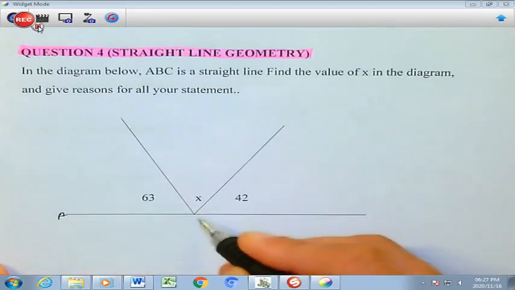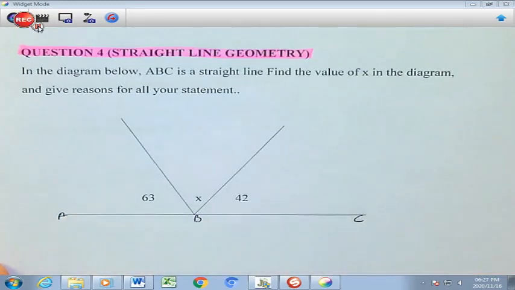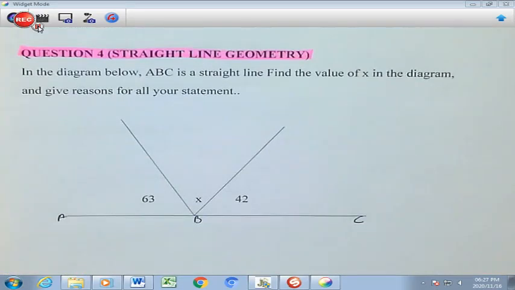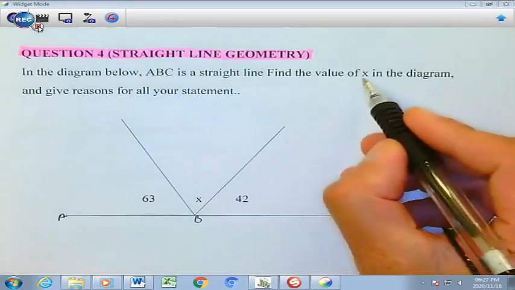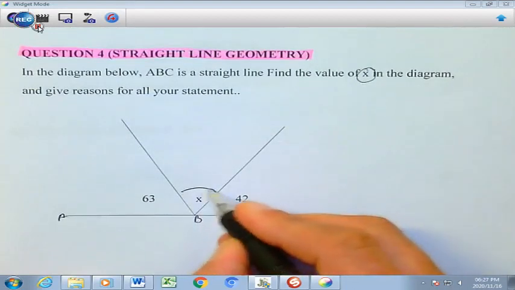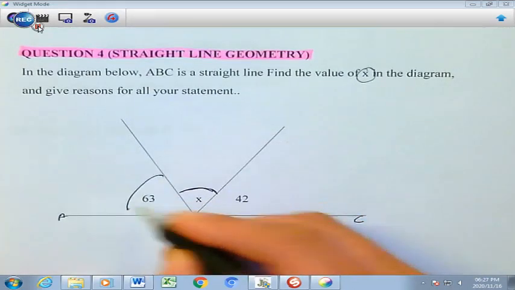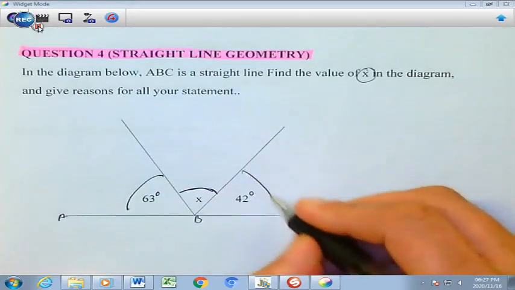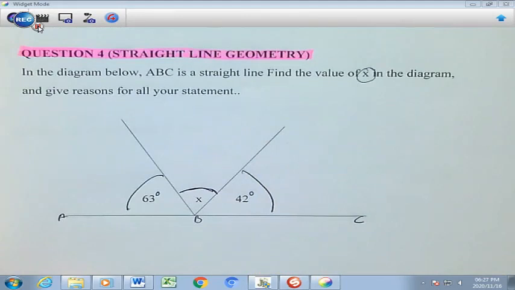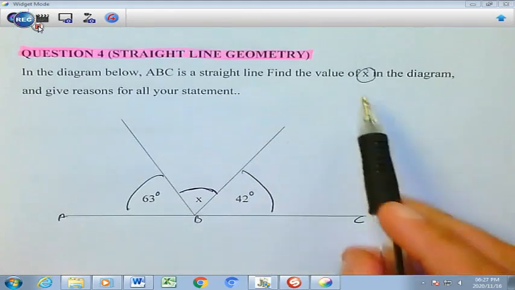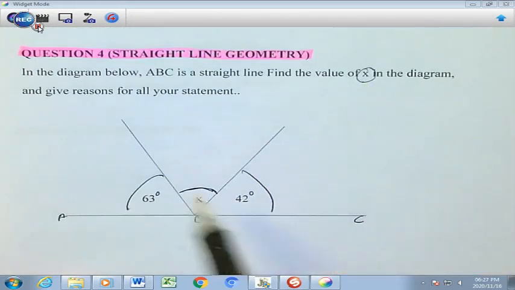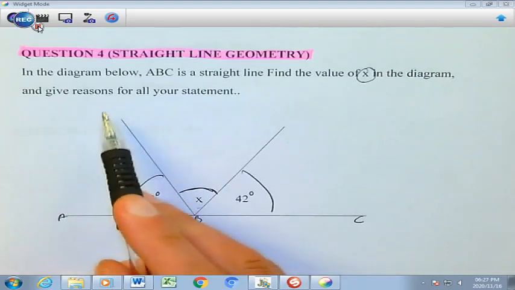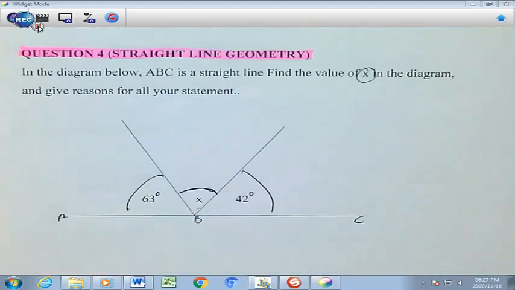A, B, C. That's the line, straight line diagram, or the straight line angle. And you need to find the value of x, and this is the value of x here. That has been given to you. That is 63 degrees, and this is 42 degrees. And you need to determine what x is, and you need to supply a reason or reasons for your answer.